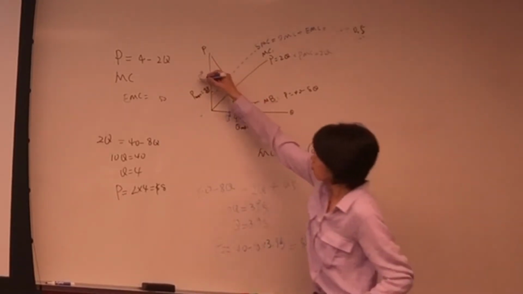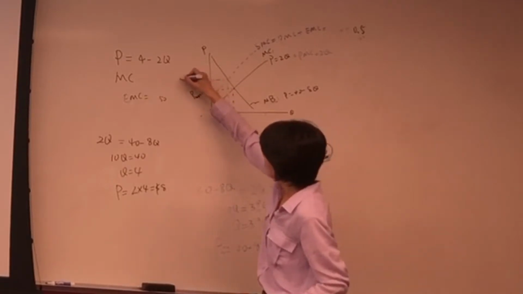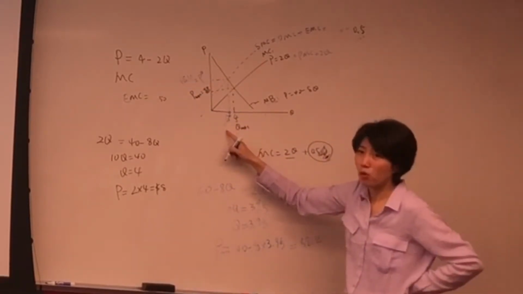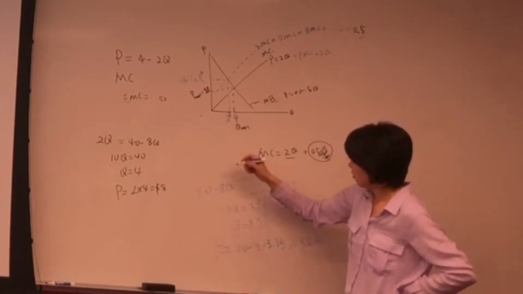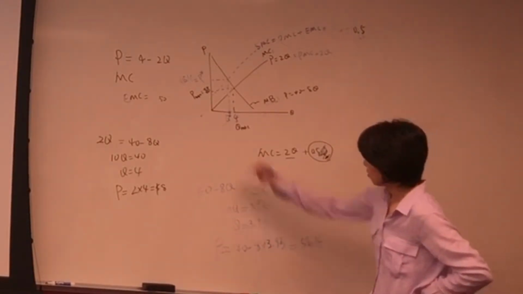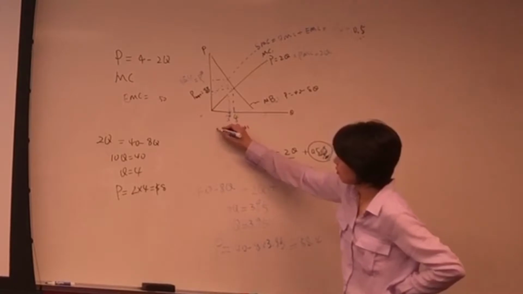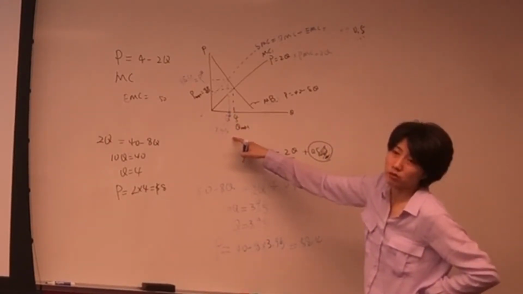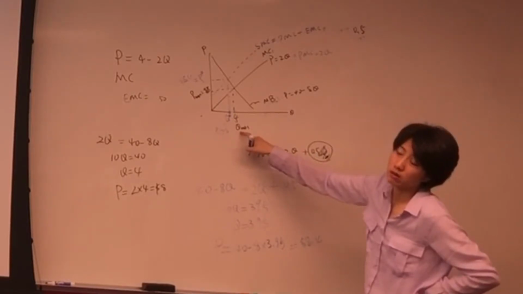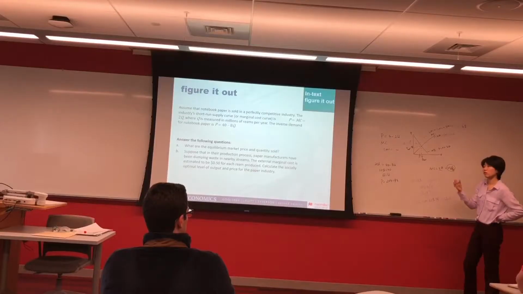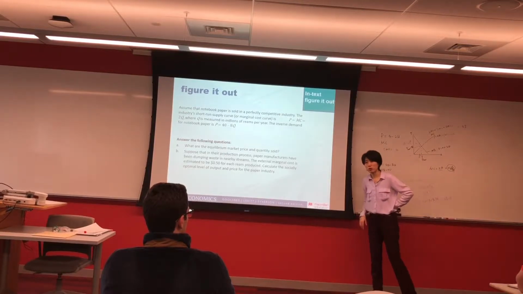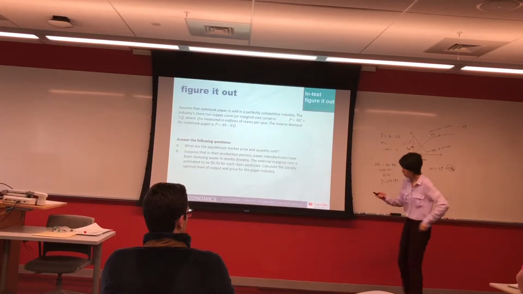So the socially optimal price is 8.4, and the socially optimal quantity is 3.95. The socially optimal level is lower than the market equilibrium point. So when there are negative externalities, the free market is going to produce too much of a bad thing.